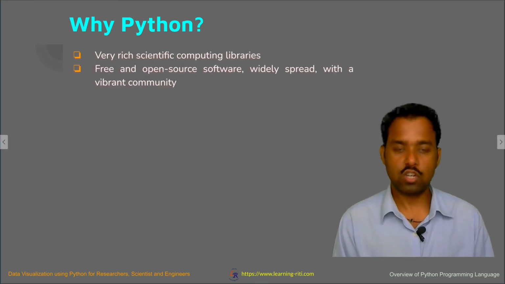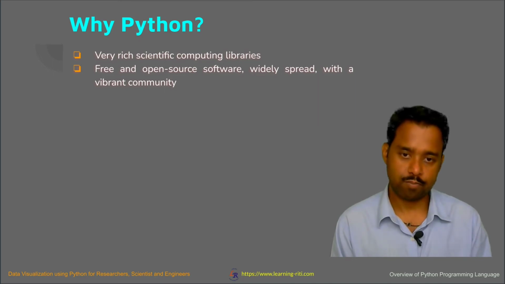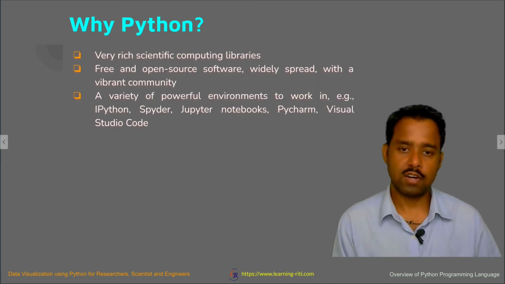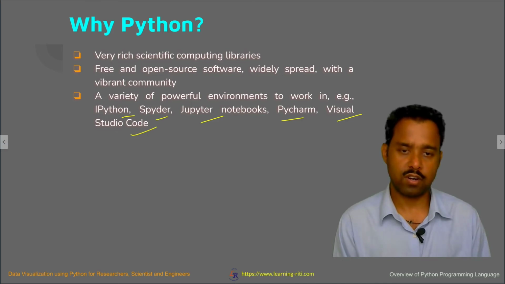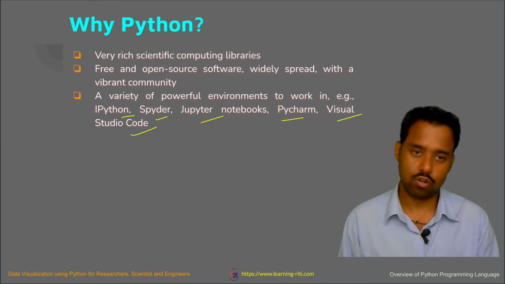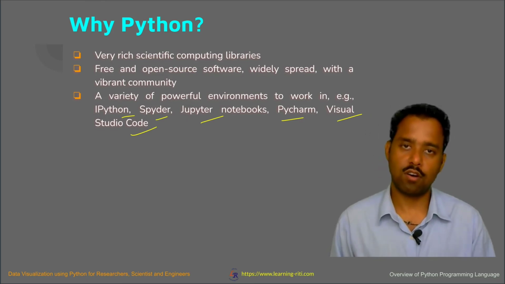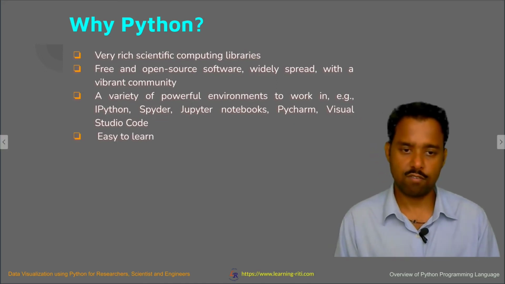It is also free and open source software, widely spread with a vibrant community, and a variety of powerful environments like IPython, Interactive Python, Spyder, Jupyter Notebooks, PyCharm, Visual Studio. Lots of work environments are available which you can utilize based on your need. Here we will be using Jupyter Notebooks, especially as it is for researchers, scientists, and engineers, who will be very well benefited with this kind of usage.